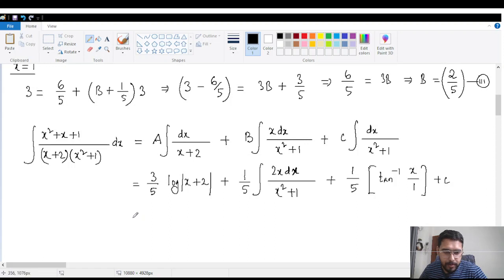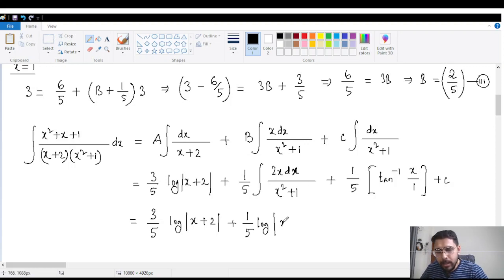So we can write 3 over 5 logarithm of x plus 2 plus 1 over 5 logarithm of t plus 1.